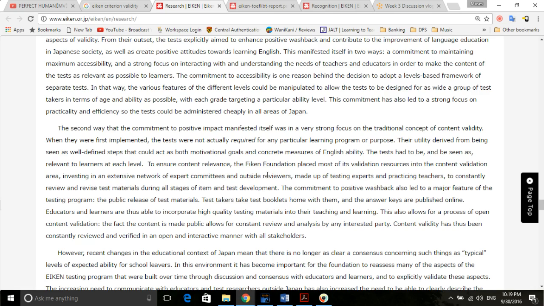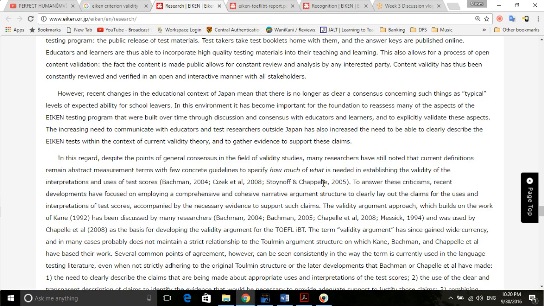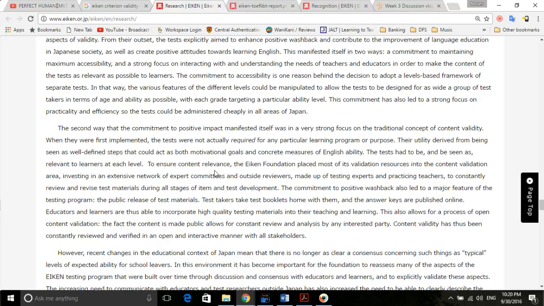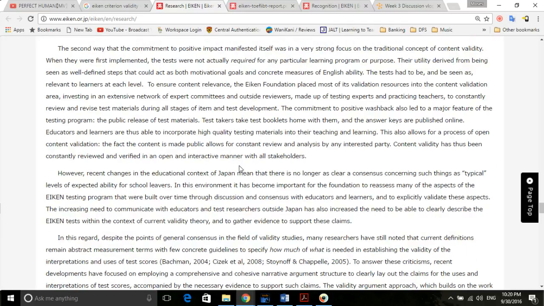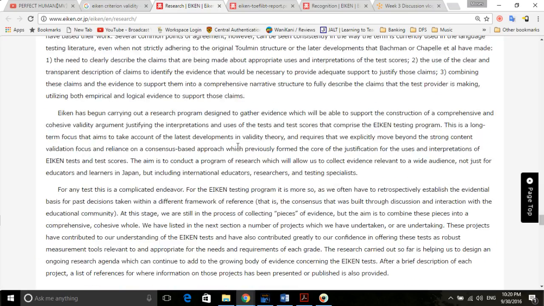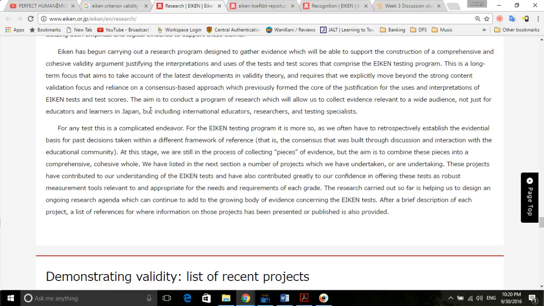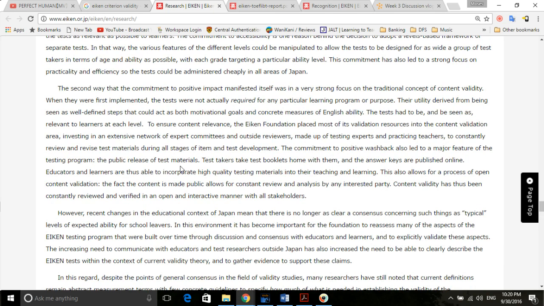So that does, however, even though they did find this in numerous studies, that's one study on this website, they do mention that, of course, you need to be a little bit wary and take things with a grain of salt, that Eiken and the TOEFL test, for example, are two different tests. So they're not going to be exactly alike.